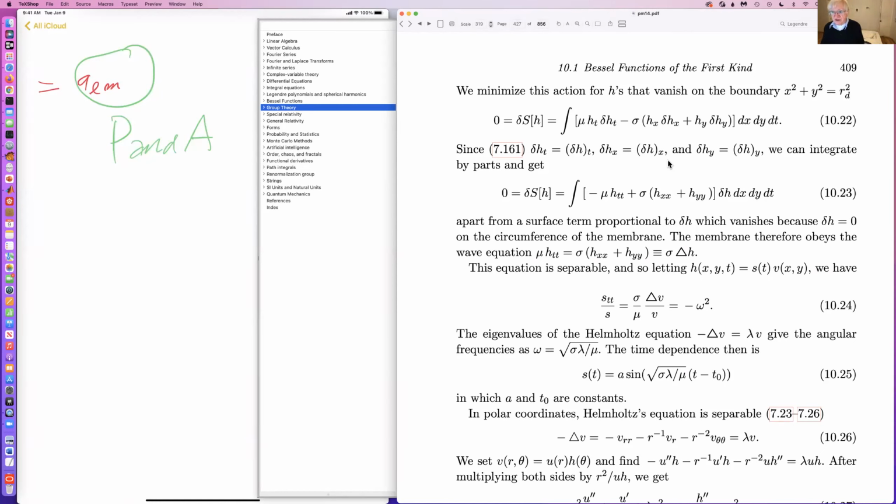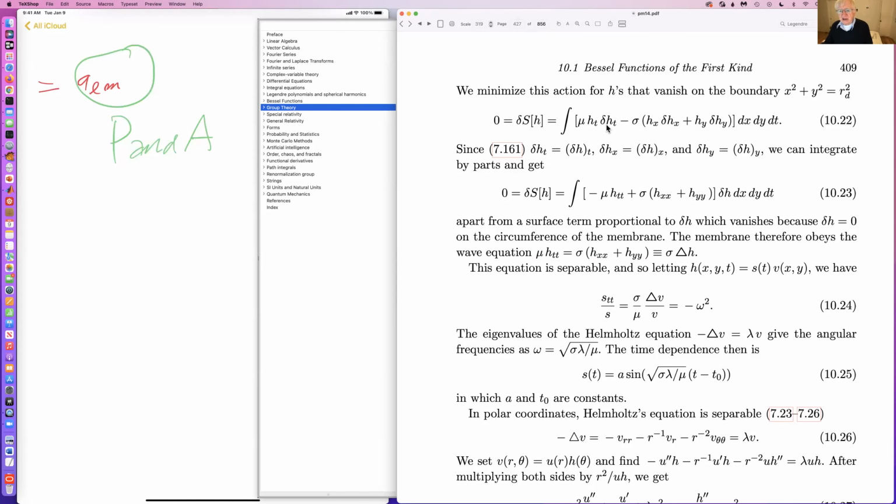Height is a function of, let us say, x and y. So let me just write a note to myself. I should have done this in cylindrical coordinates from the start, but on the other hand, Cartesian coordinates are somewhat simpler to think about.